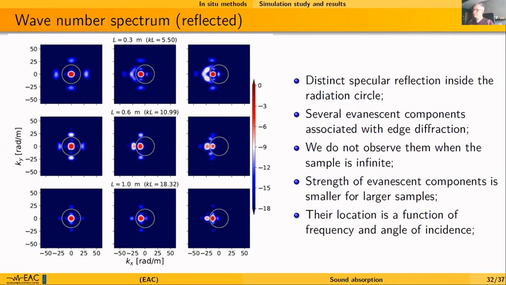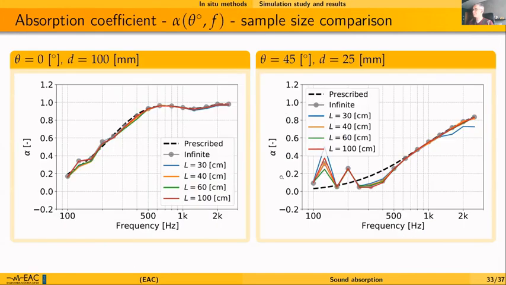Another interesting thing, besides observing this phenomenon in another domain, is that when we reconstruct the absorption of the sample, we consistently retrieve the absorption of an infinite absorber. For instance, here you have the prescribed infinite absorber in black, a simulation of the infinite sample in gray, and then a simulation of several sample sizes in color.